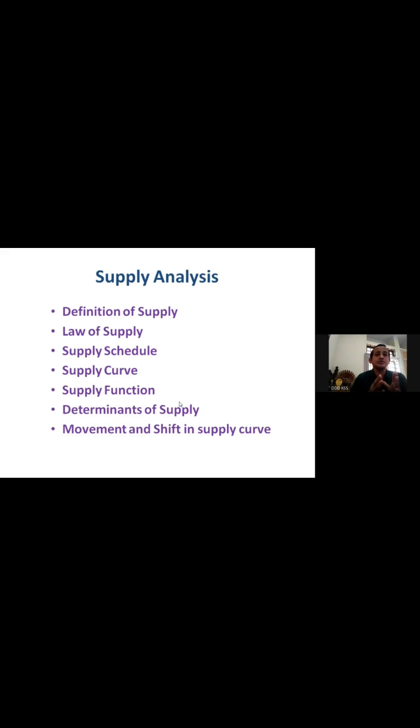Based on these topics, we have addressed answers to some questions, like: what do you understand by supply? What is law of supply? Explain with supply schedule and supply curve. Then briefly discuss the supply function. Then discuss the determinants of supply, or explain the factors influencing supply.